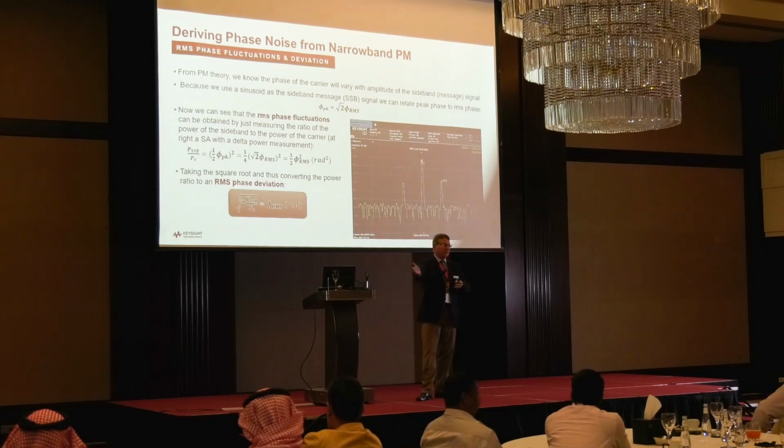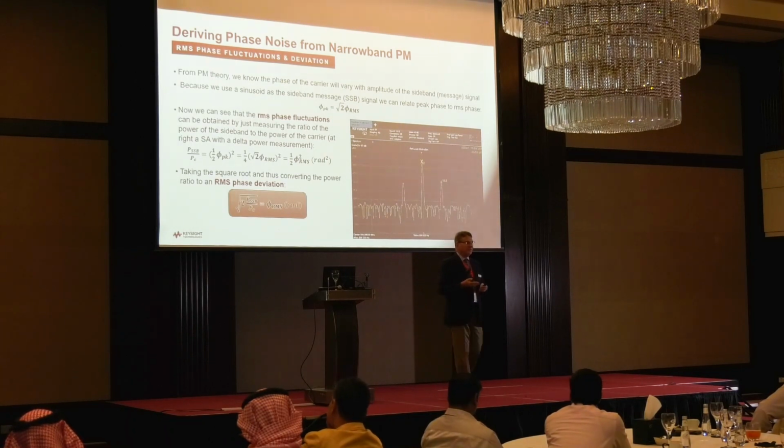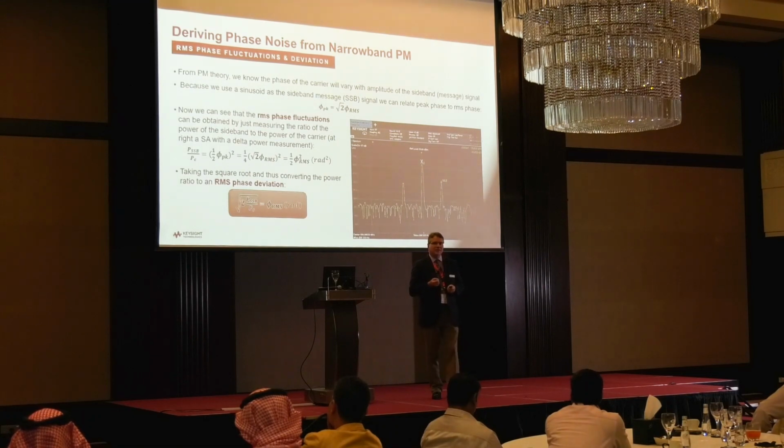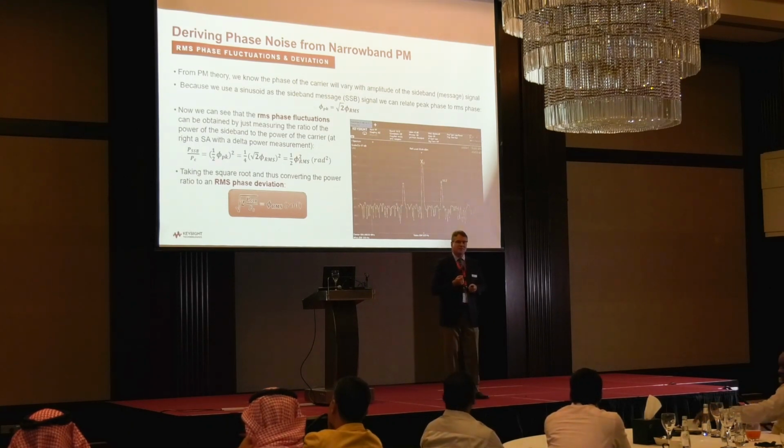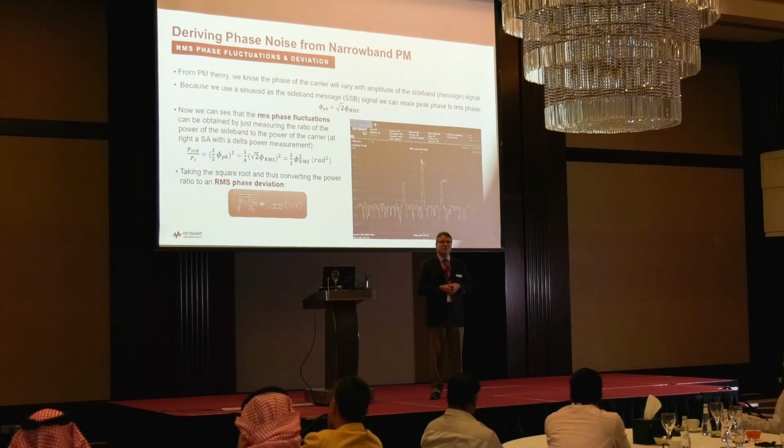So if you remember the relationship for a Gaussian or a random signal, the conversion from peak to RMS amplitude is just dividing the peak by the square root of 2. So in this case, this formula applies. The RMS will be the inverse of that. So the RMS voltage is going to be 0.707 times the peak. Excuse me, the RMS phase deviation will be 0.707 times the peak phase deviation.